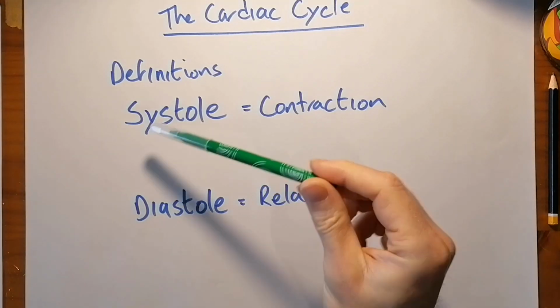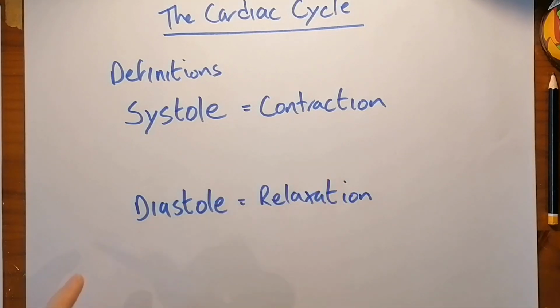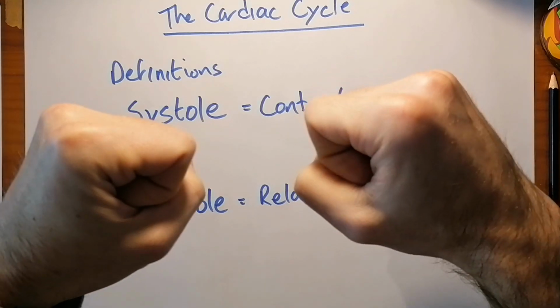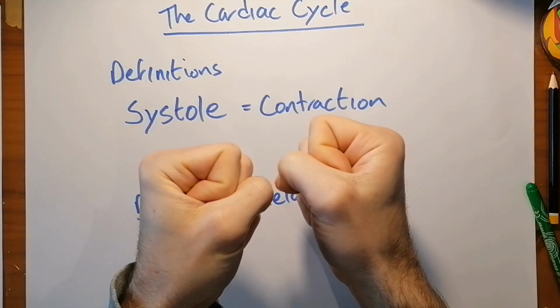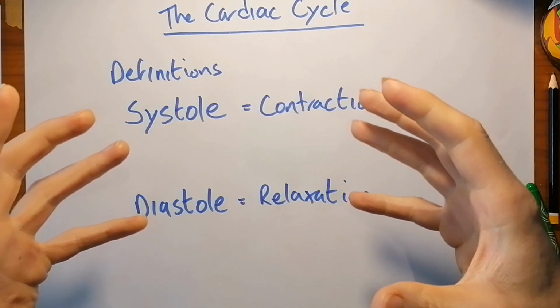So systole means contraction, and as you already know, the heart has 4 chambers. It's got 2 atria, left and right, and 2 ventricles, left and right. How the heart works is the 2 atria contract, then the 2 ventricles contract, and then the whole heart relaxes.